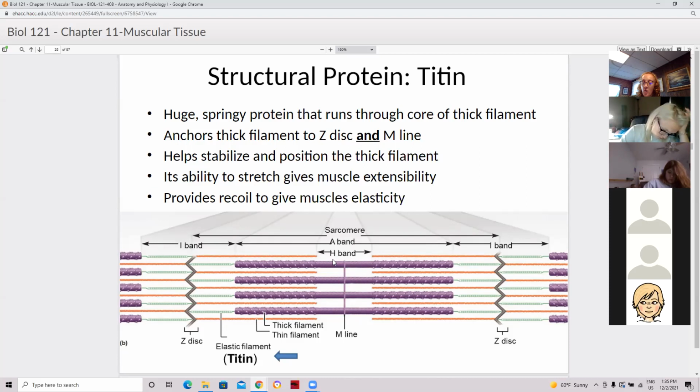Where there's no overlap between the thin filaments and the thick filaments is the H band. The whole length of the thick filament is the A band.